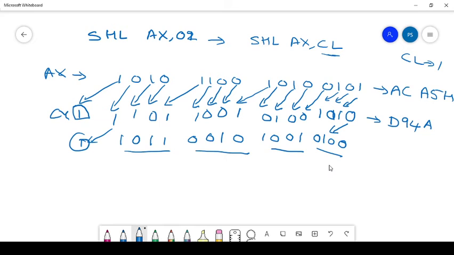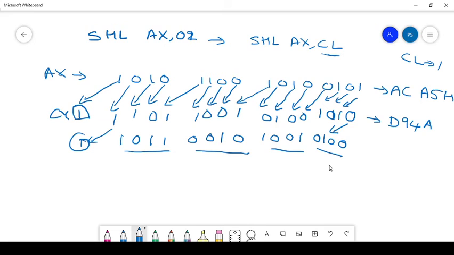If the instruction is ROR, the meaning of this ROR is rotate right without carry. Here count is one time. So all the bits are rotated.